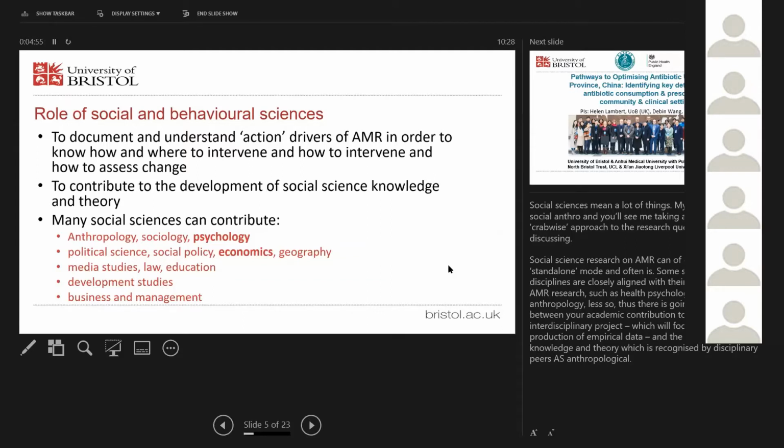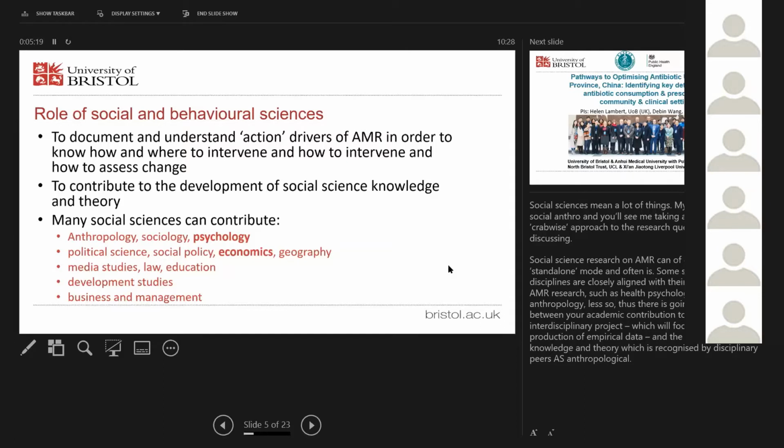But also, as you're training in different disciplines, it's important to remember that people who come from a social science background may also want to do research which is going to contribute to their own disciplinary store of knowledge and to the theory that is built within that discipline.